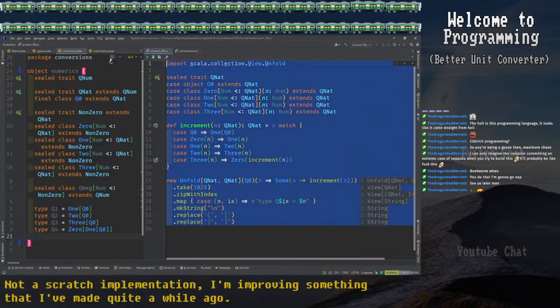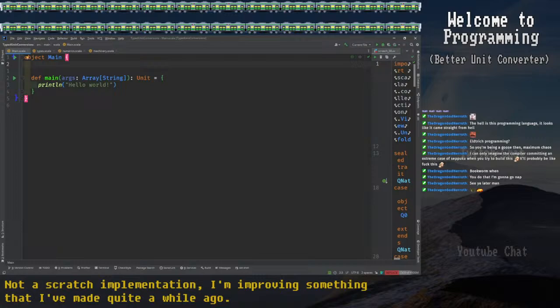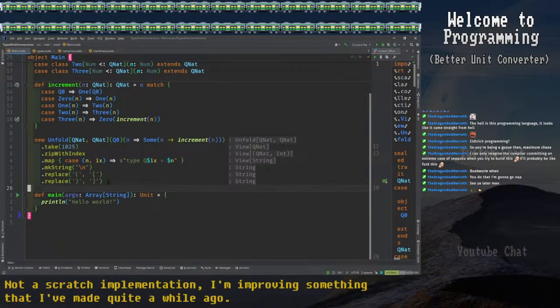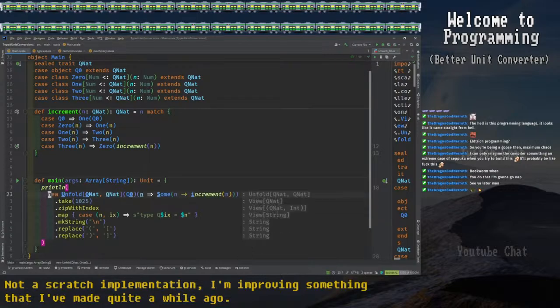Well, I mean, there is one way I can do this. Just copy this. Move it over to the main class, which I haven't deleted. Yep, that should do it. So now I should be able to just print this.